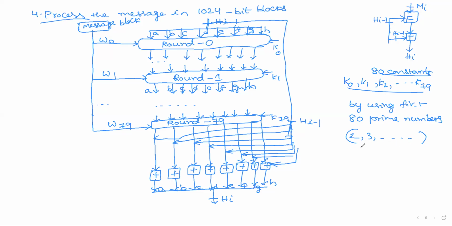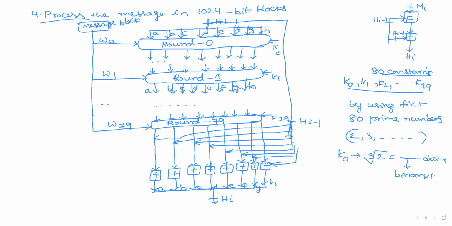Okay, so how can we write those values? K naught is obtained by taking the cube root of 2. You will have some decimal representation for that. Write the decimal part, the fractional part, into binary form, like what we discussed for the initial vector, but this is the cube root for every prime number.